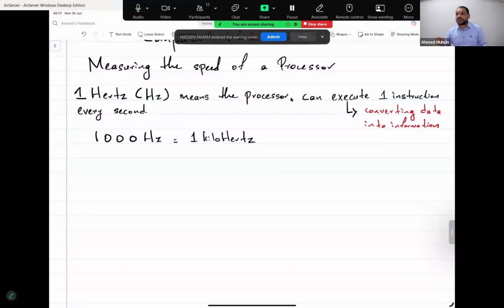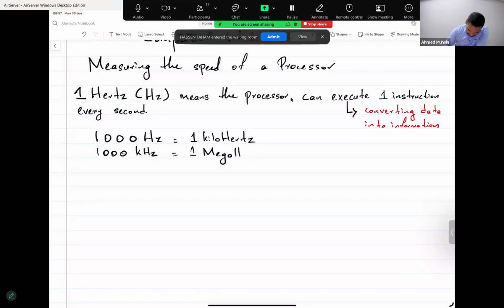So if I say 3000 hertz, how many kilohertz is it? You all understood that, no? You all simply divided by 1000. Okay? Then guys, 1000 kilohertz, capital K, capital H, simple Z, is equal to 1 megahertz.